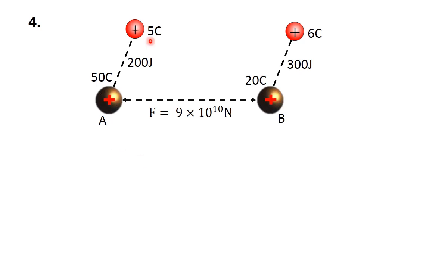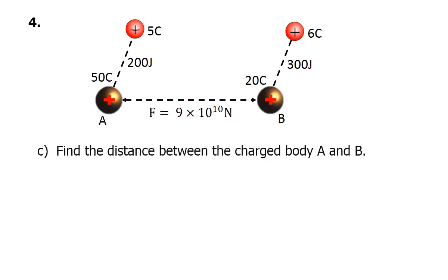If a 5 coulomb charge is brought from infinity to the electric field of charge A, then 200 joule work is done. Similarly, if a 6 coulomb charge is brought from infinity to any point of the electric field, then 300 joule work is done. Let us see the question.